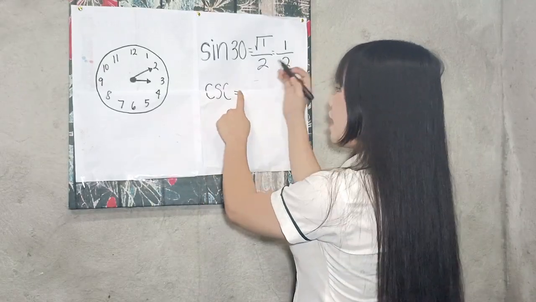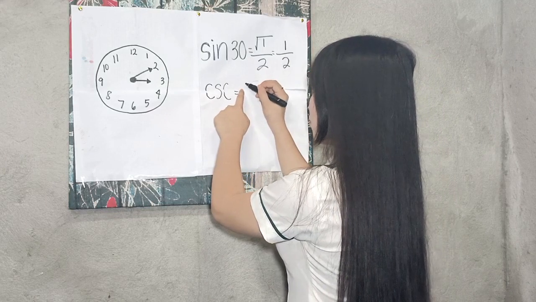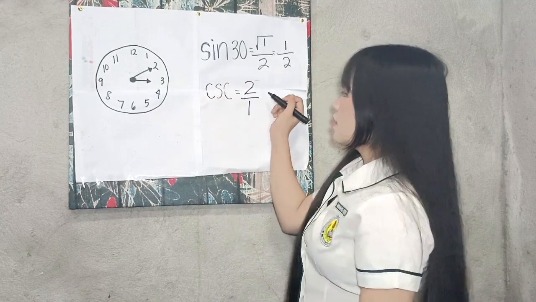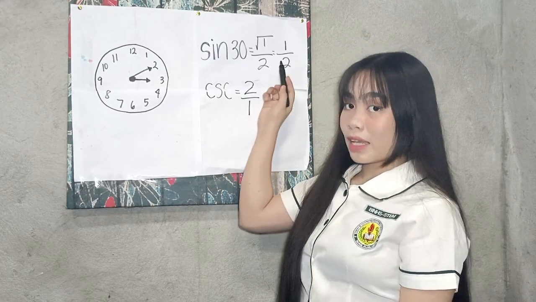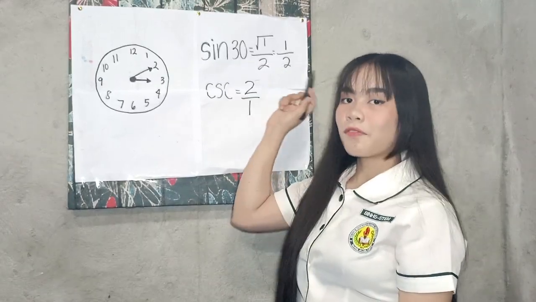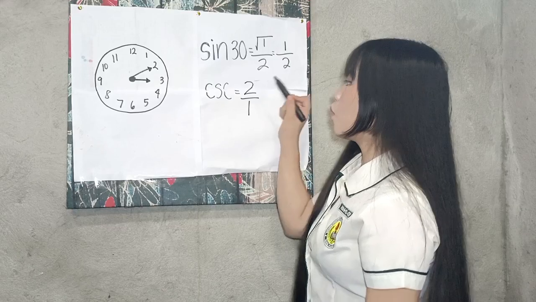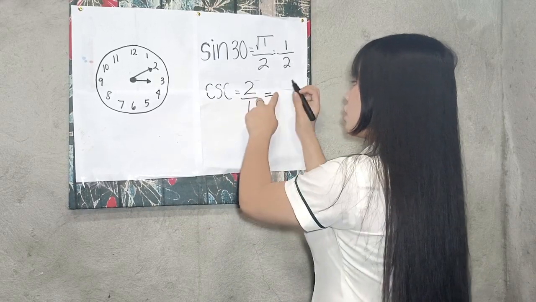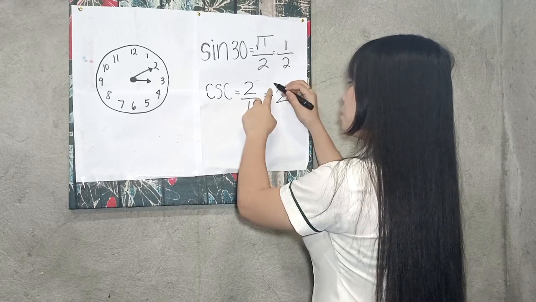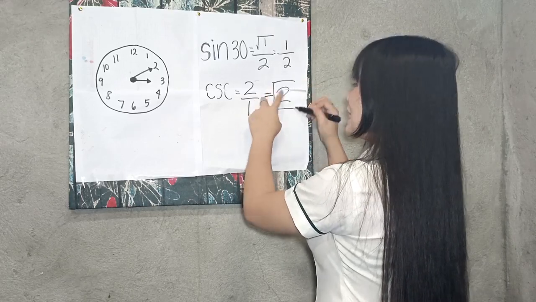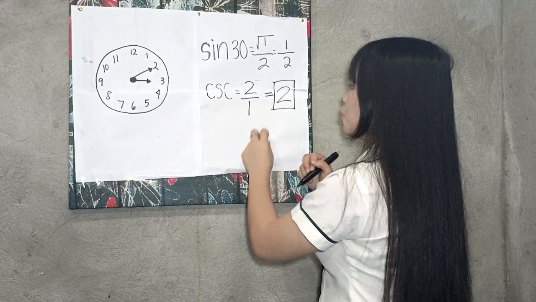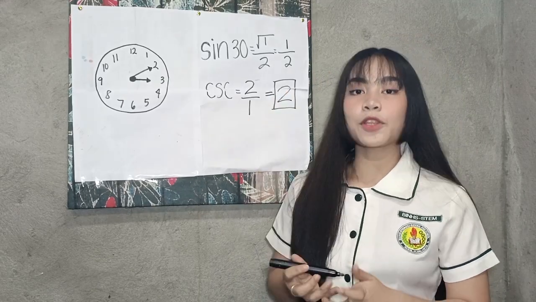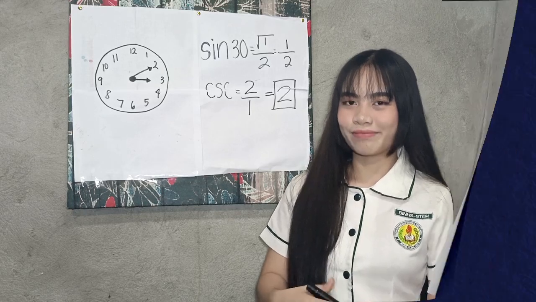So 1/2 is going to be 2 over 1, since we reciprocated this fraction. So 2 over 1 is equal to 2. 2 over 1 is the same as 2. So our final answer is 2, which is letter D in our answer sheet.